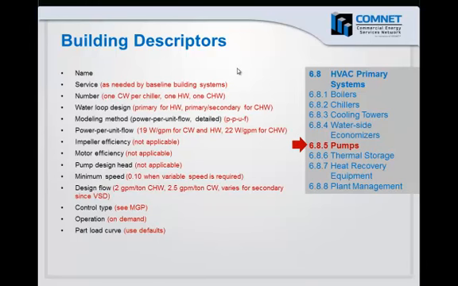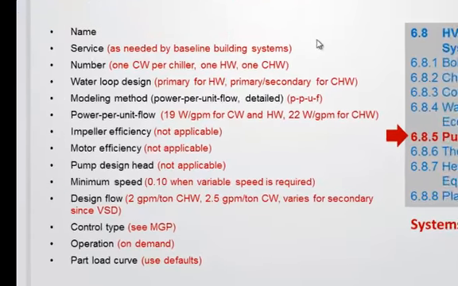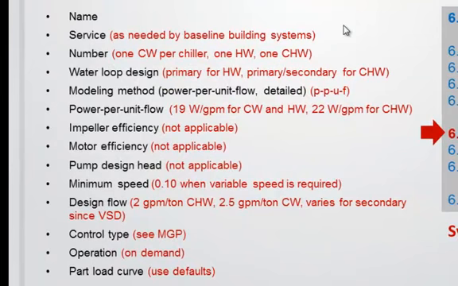Moving on to pumps, there are a lot of pumps in the baseline system. Systems 1, 5, 7, and 8 all have pumps of one type or another. The building descriptors are listed here: the name, the service, which is what the pump is used for, the number of pumps.